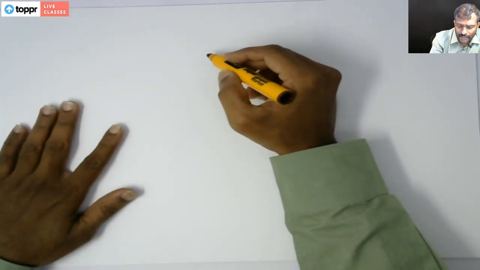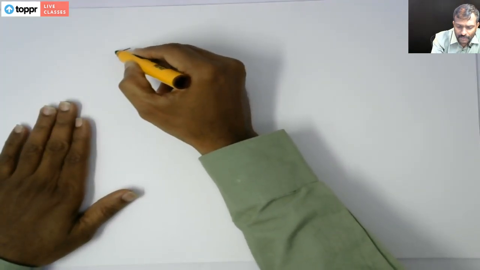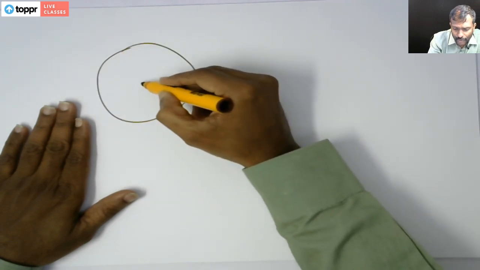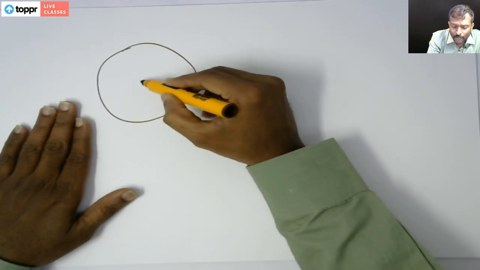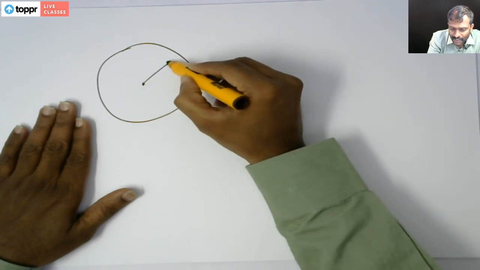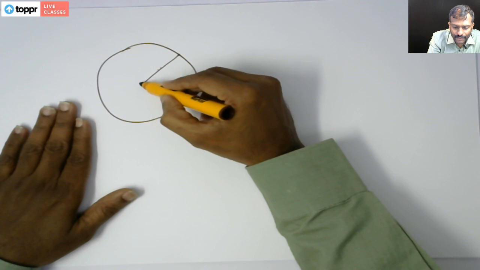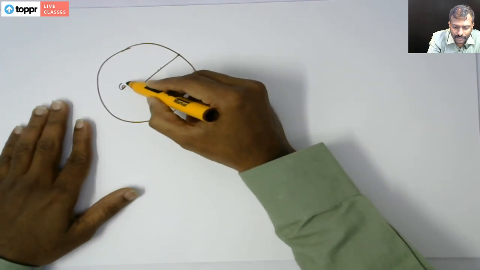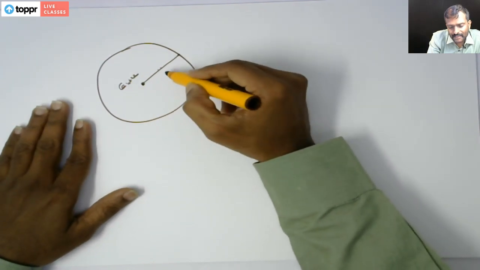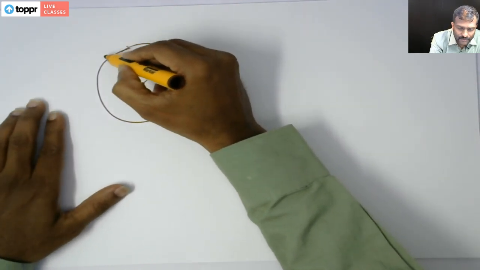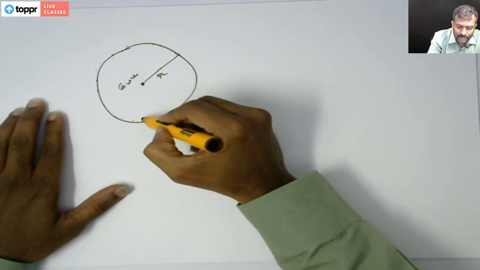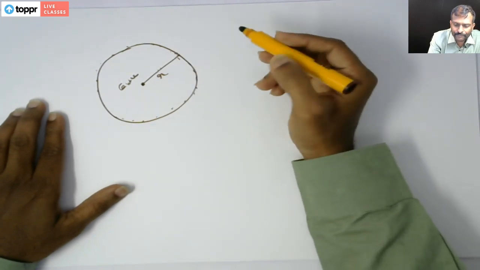We all know that a circle is nothing but a set of points, a collection of points which are equidistant from a fixed point. This fixed point is the center, and this equal distance is the radius, and the set of all these points is the circle.